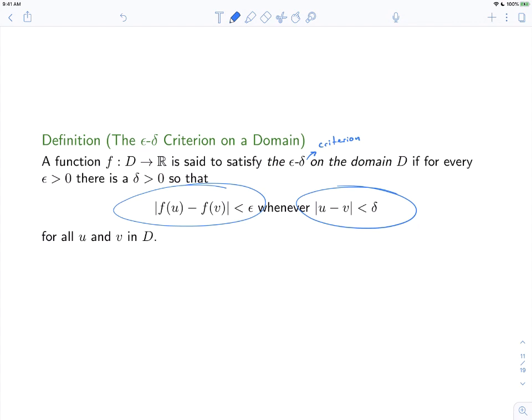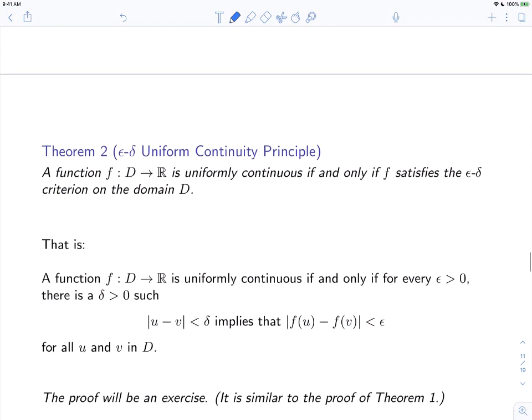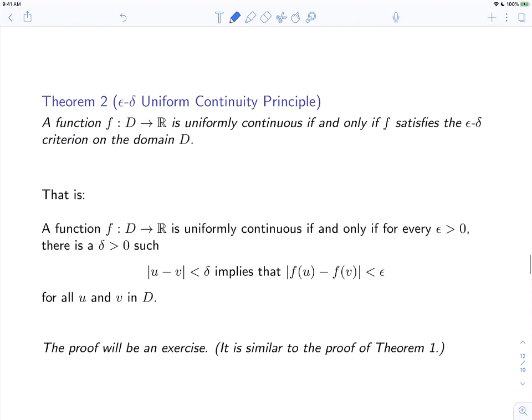And that's what it means to be, well, I was about to say that's what it means to be uniformly continuous. We'll see that that's true. That's what it means to satisfy the epsilon delta criterion on a domain. And we're going to show that that means that the function is uniformly continuous. And that's what we're calling the epsilon delta uniform continuity principle.